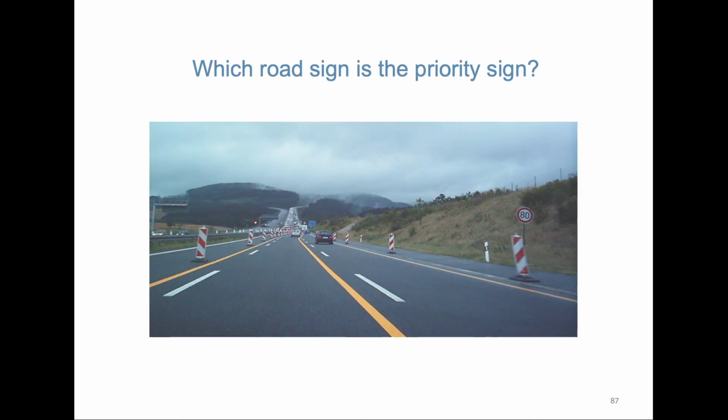Which of these road markings has more priority? No, I mean road marking. On the picture is a yellow road marking and a white road marking.